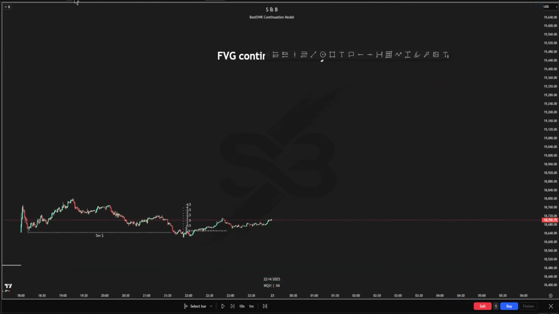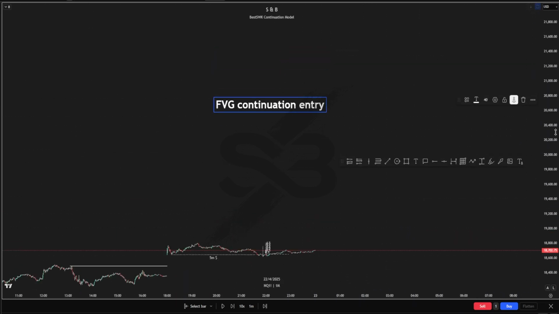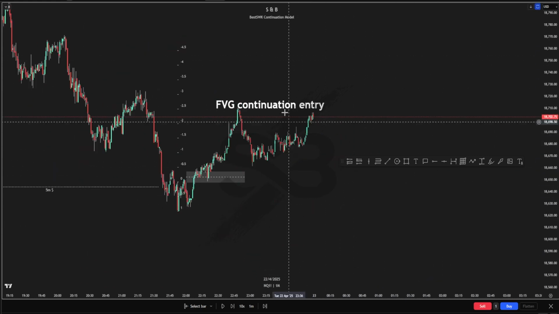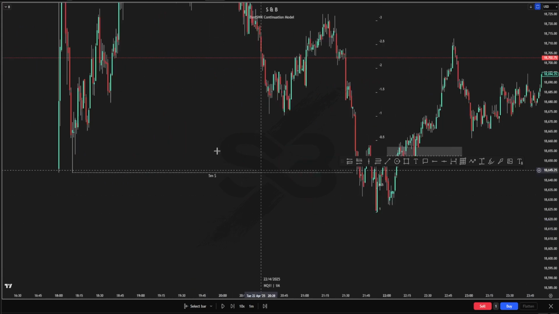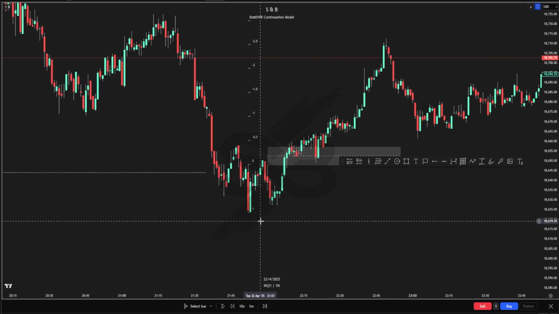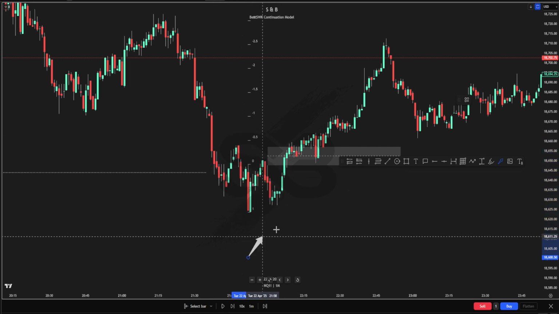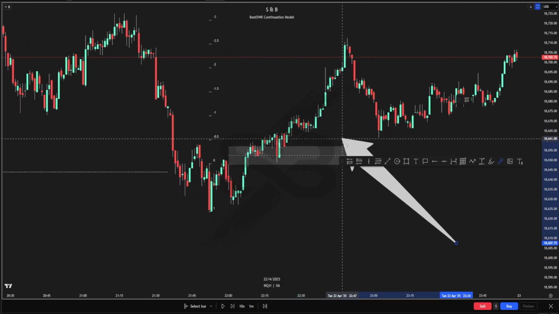We then have the sweepable. We sweep. We create the 1 minute breaker here. And then after the 1 minute breaker, we create the 5 minute fair value gap.